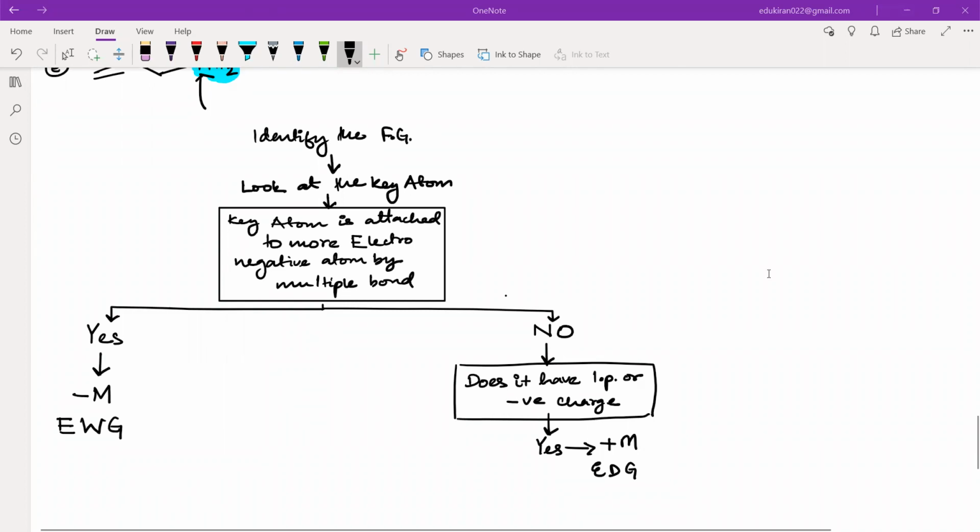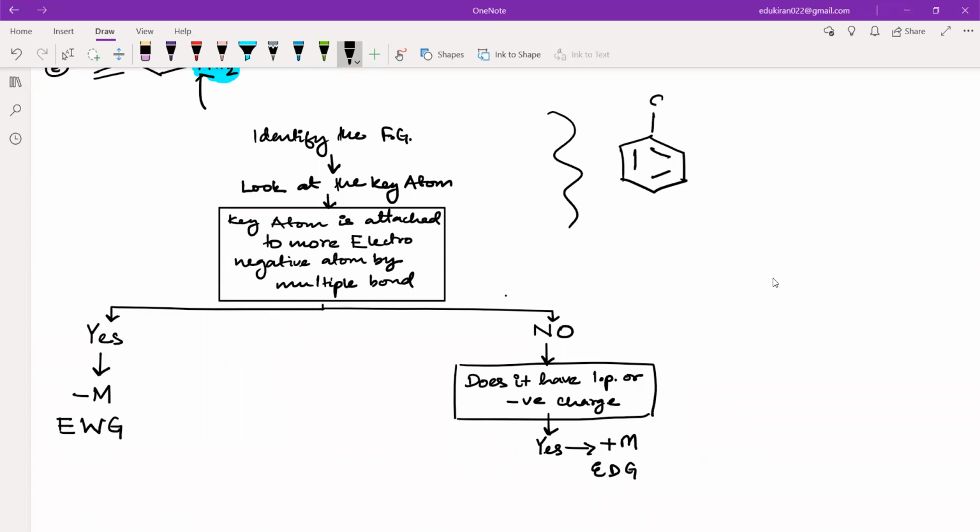Done, guys? Yes or no? Okay, so for example, you tell me, what is the functional group here?